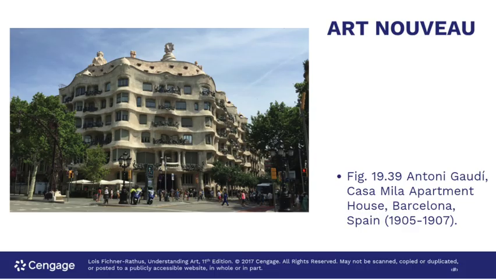This one is certainly organic in the quality of the rippling front of it, and all of the window shapes are rounded and curved. Even though this is made with stone and cement, it looks very wave-like, something naturally growing, versus being built with steel cage construction, which you would see in some other examples of architecture at this time.